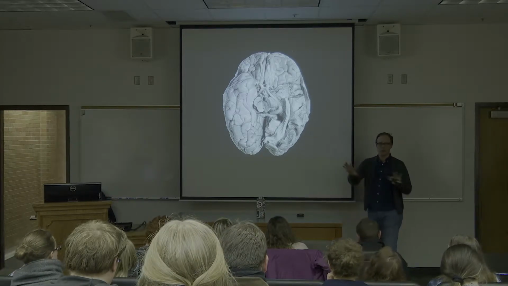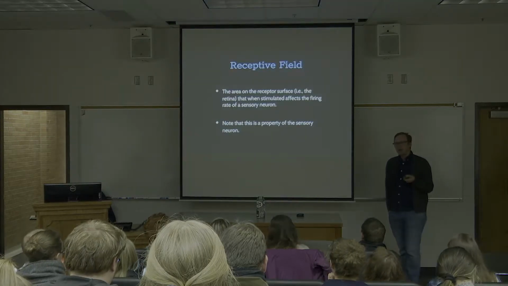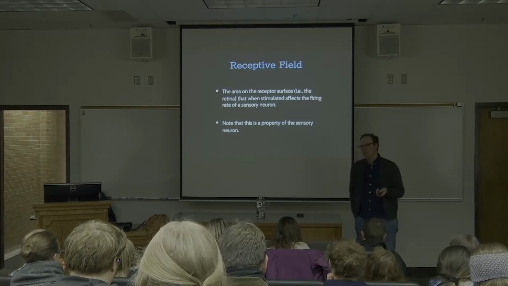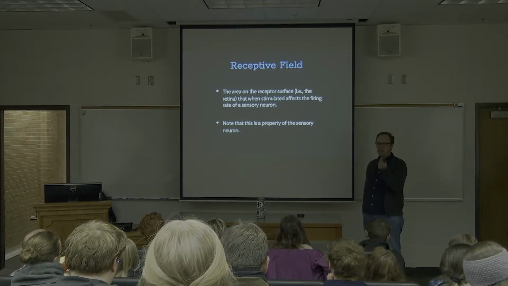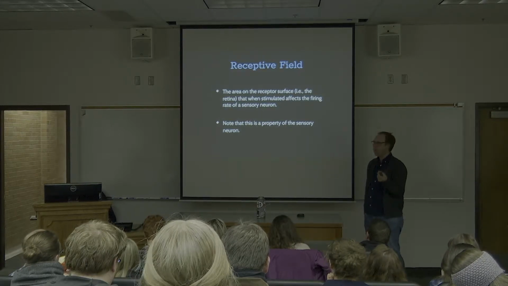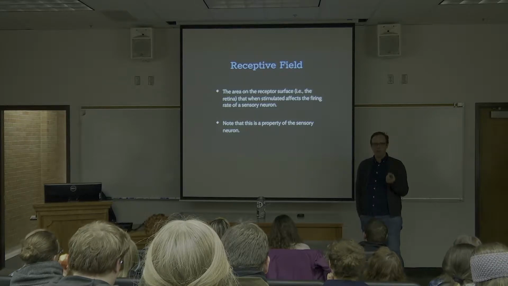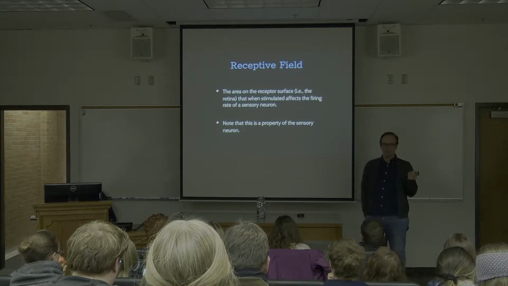Cool. All right. Any other questions about neuroanatomy? Okay, so if we talk about really any sensory neuron, specifically a visual sensory neuron, we have to talk about their receptive field. A receptive field is defined as the area on the receptor surface that, when stimulated, influences the firing rate of that neuron.